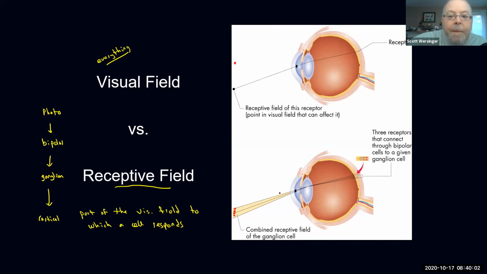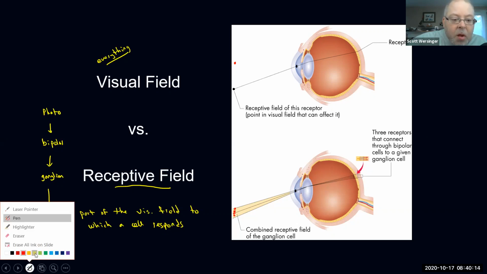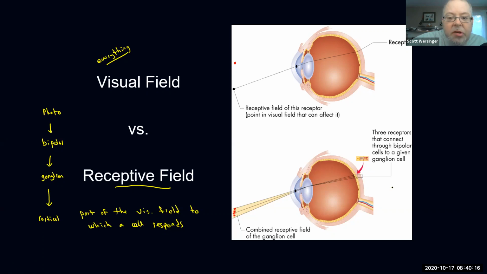Okay, so by having multiple cells connect to an individual cell, so multiple photoreceptors connecting to a retinal ganglion cell, we're going to get a larger and larger receptive field. Okay, so visual field is everything you can see. The receptive field is the point in space to which an individual cell responds. The receptive field is different depending on which cell we're talking about.